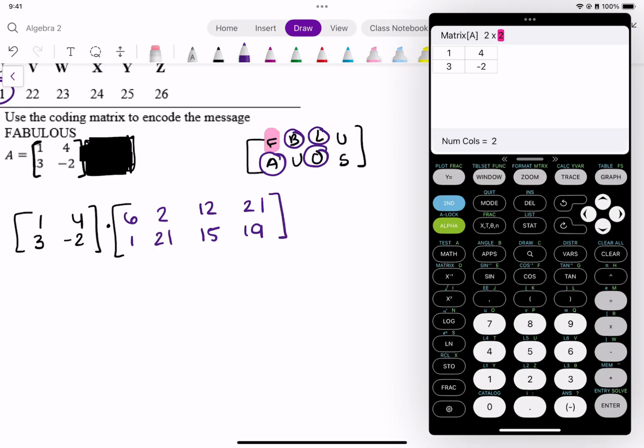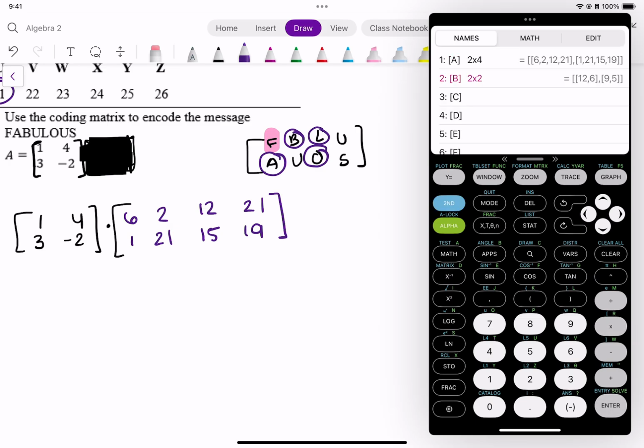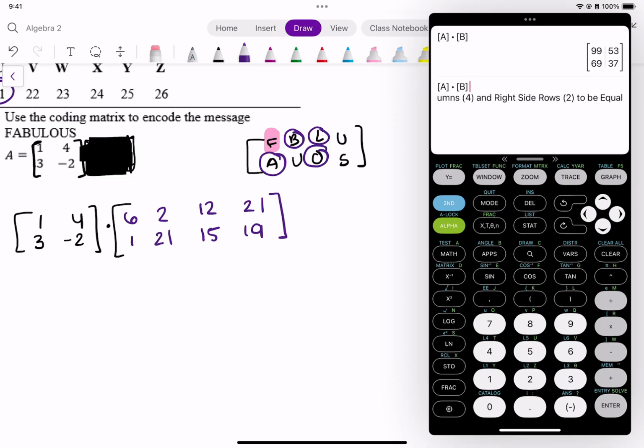So we go up 2 by 4, enter. And the digits that we have are 6, 2, 12, 21, 1, 21, 15, 19. Okay, now once we have them, let's multiply them. So we have now A times B.